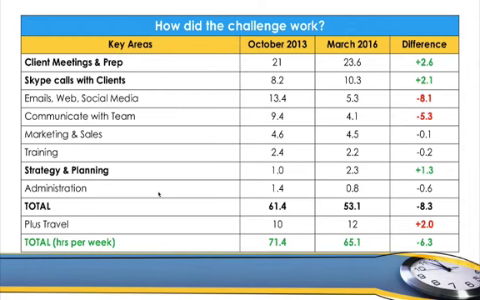Travel's actually increased, and that's a function of my business growing in different areas. And I'm about to fix that in a fairly dramatic way in the coming months, which I'll tell you more about another time. So as you can see there, I saved about 8.3 hours without travel, but if you add the extra travel in, I've saved about 6 hours per week.